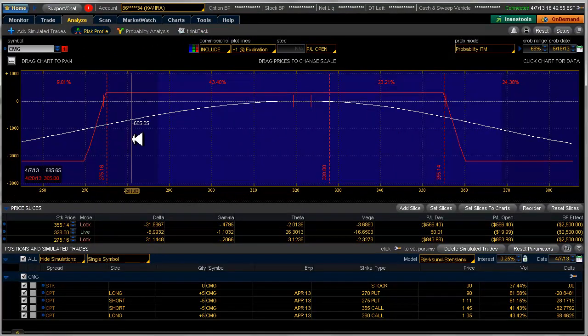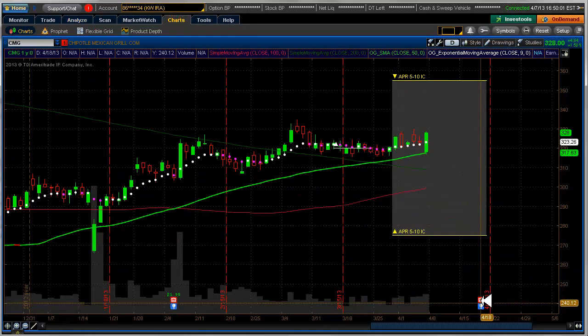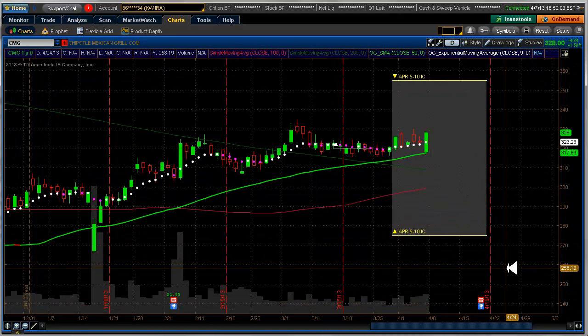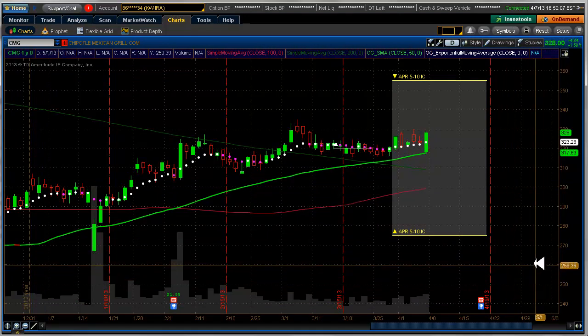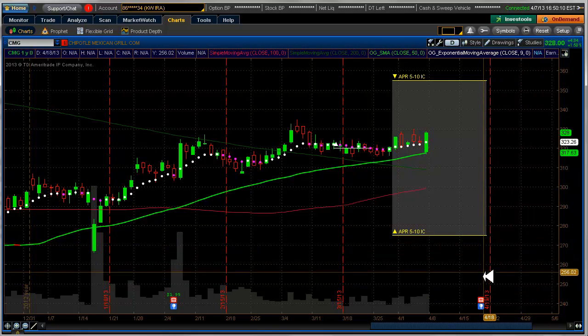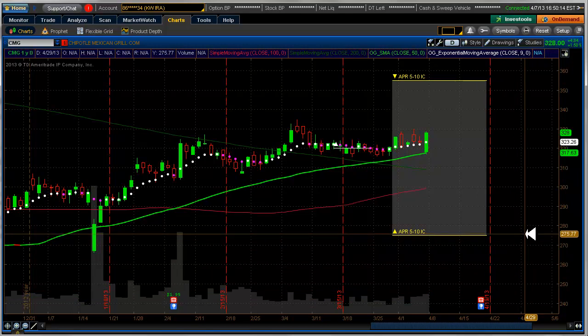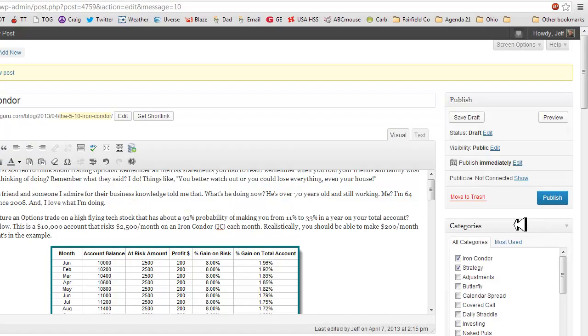Okay, we actually are collecting 300 on this, and why is that? Well, again, we have earnings just before expiration here, so the IV is inflated, which is fine. We'll probably be out of this before this earnings date, or we might just sit through it. Who knows?